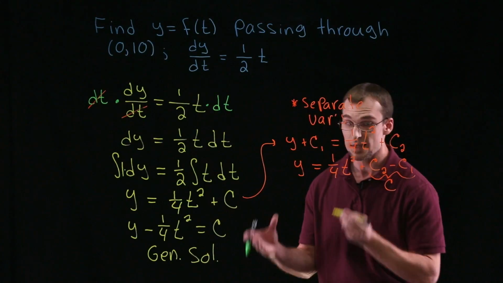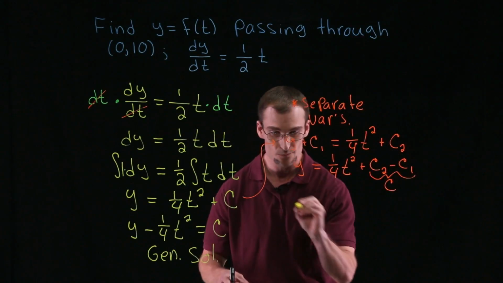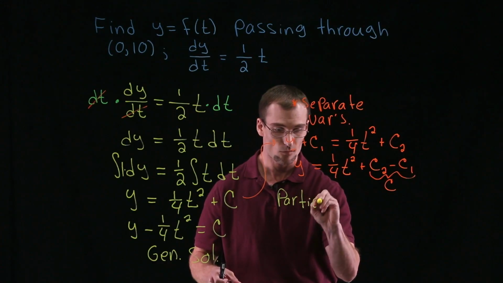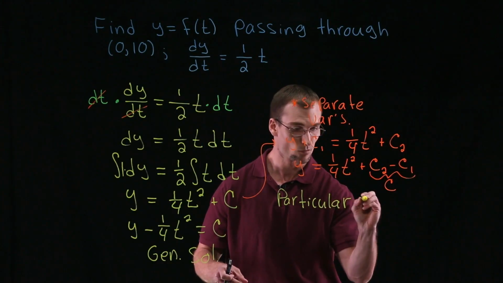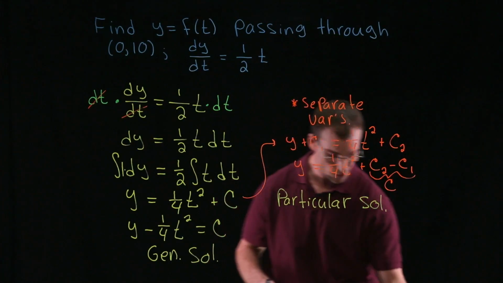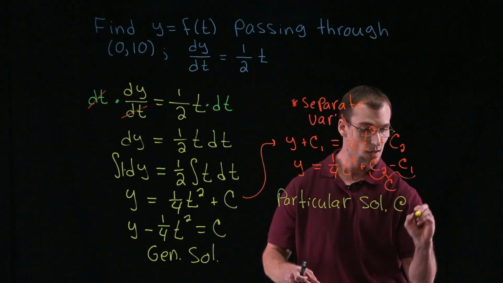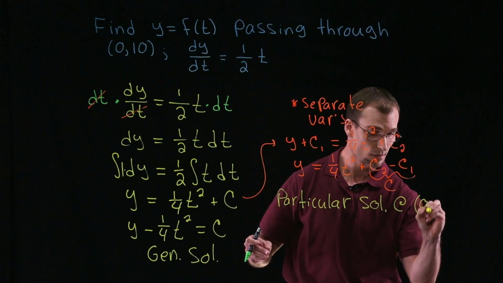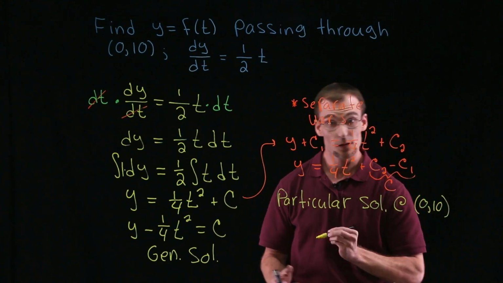So what we want is the particular solution, say, at the point 0, 10. And what do we do with this?